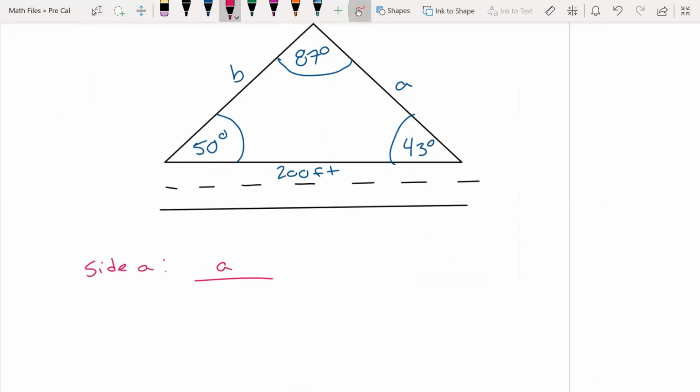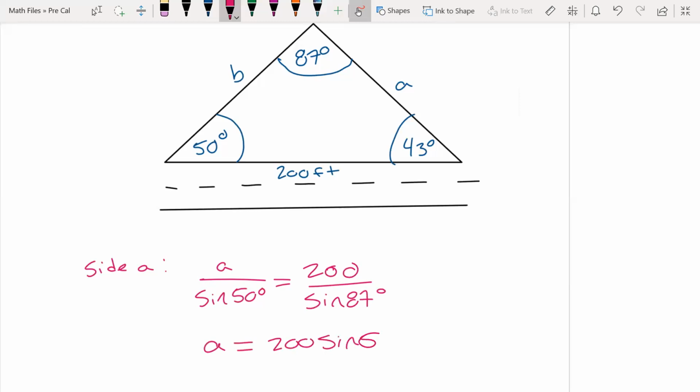Side A over sine A equal to... actually, let's just plug in what we know. A over the sine of 50 equal to 200 over the sine of 87, and A equals 200 sine 50 over the sine of 87.